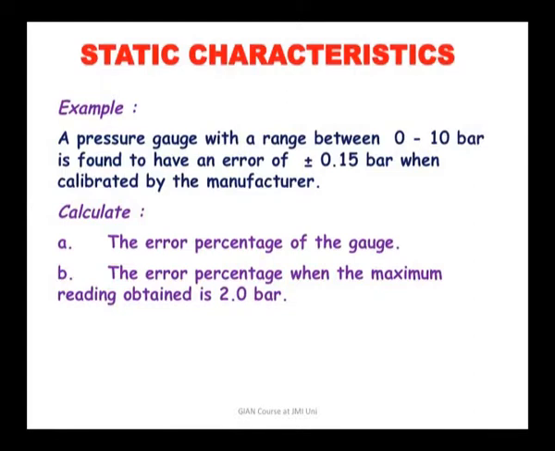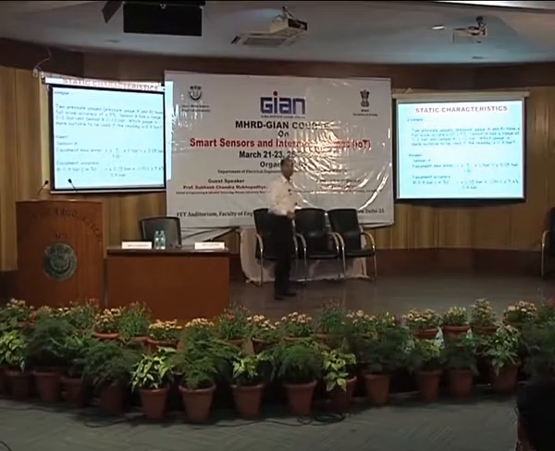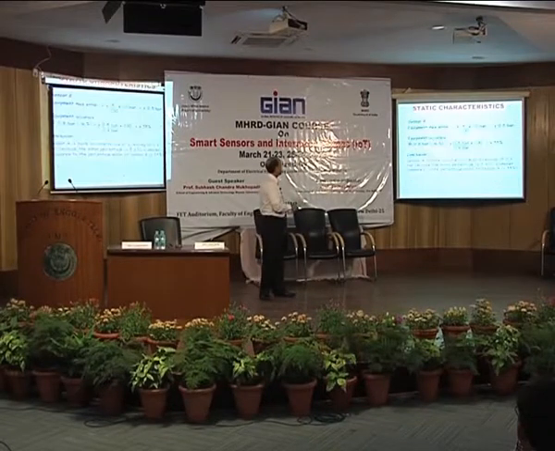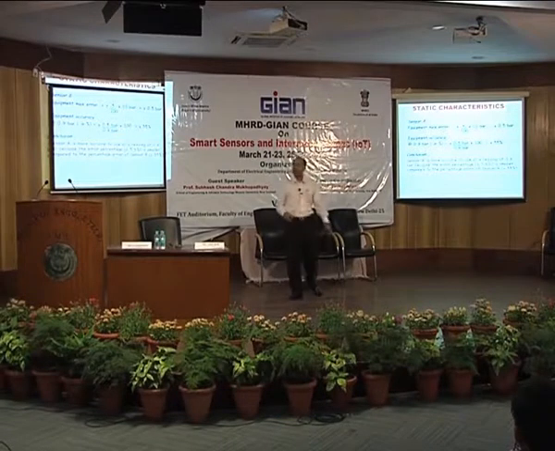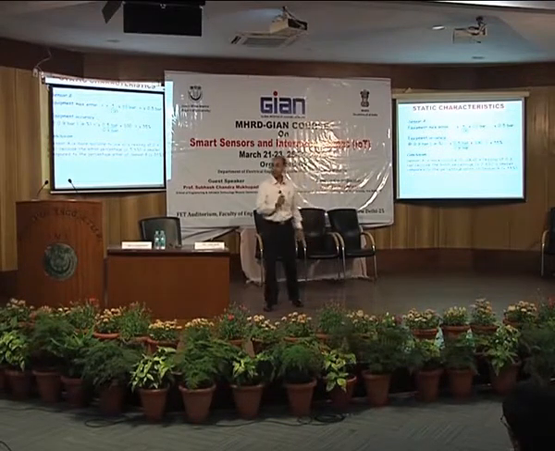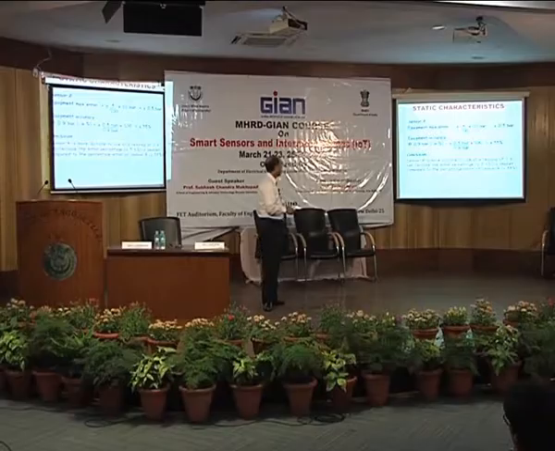In the two different scenarios, the error is 0.05 bar, and that gives you 5.6%, but in the other case you will find that it becomes 55%. Okay? So a completely different representation.